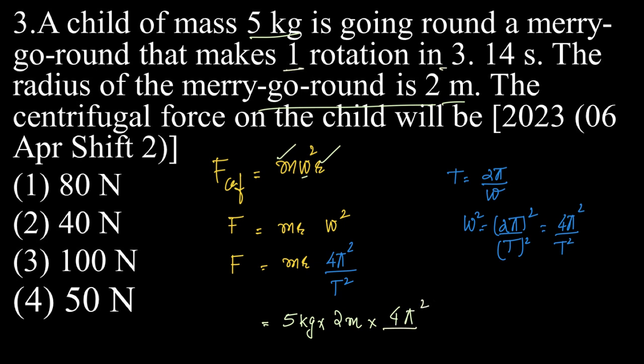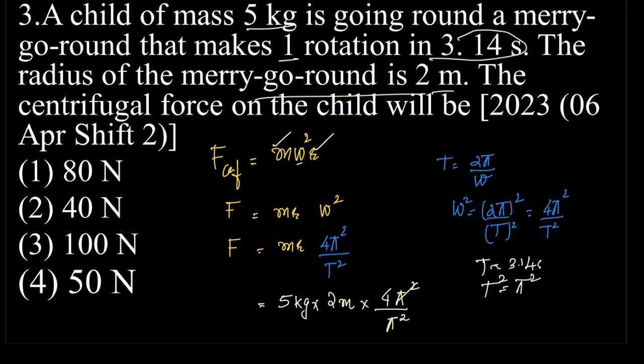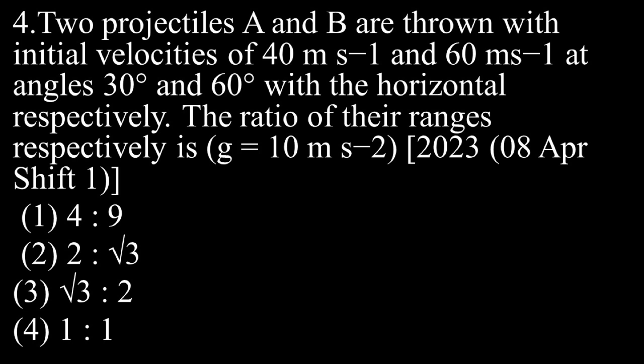It makes one rotation in 3.14 seconds, which means the time period is equal to 3.14 seconds, which is the value of pi, which means t square is equal to pi square. Now pi square by pi square is 1, 5 into 2 is 10, 10 into 4 is 40. So the answer is 40 Newton, so the correct option is option 2.